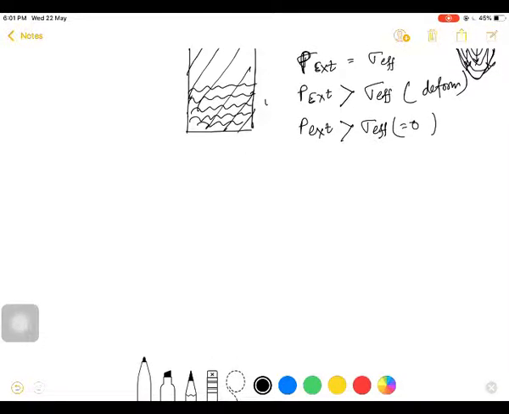First we need to see what sigma effective is. Sigma effective is gamma times H minus the water pressure, gamma times head loss. So this is gamma times H, and gamma times L, where L is the thickness of the soil stratum, and that is the head loss. Okay.